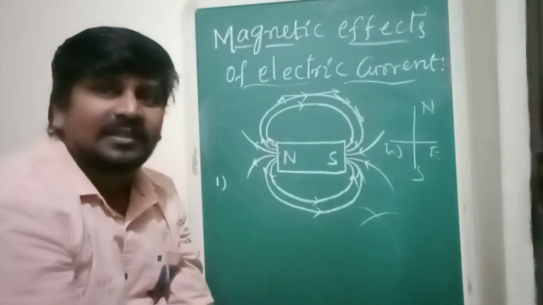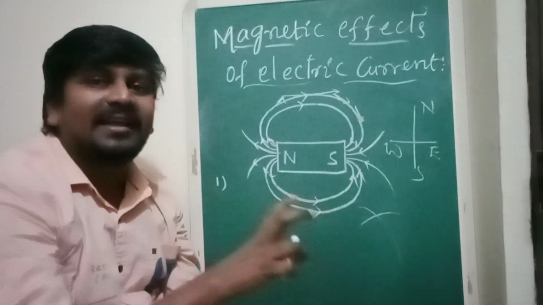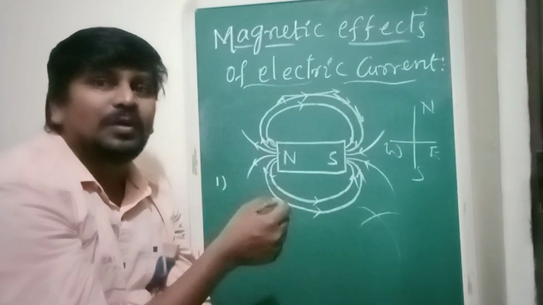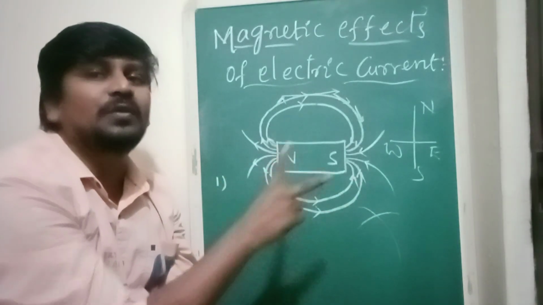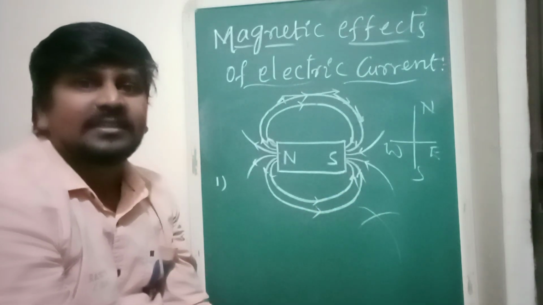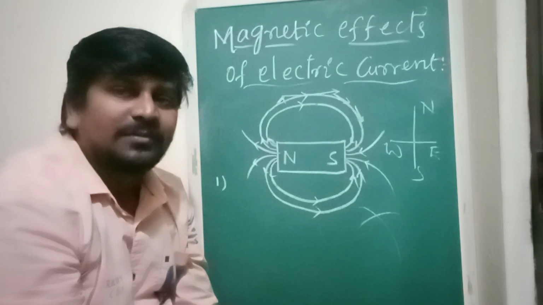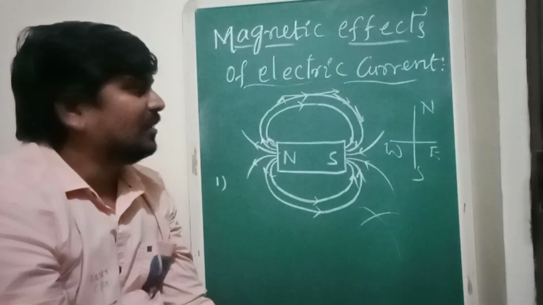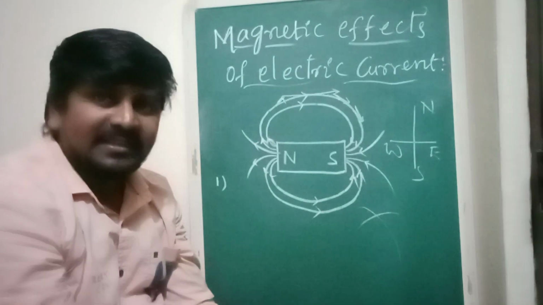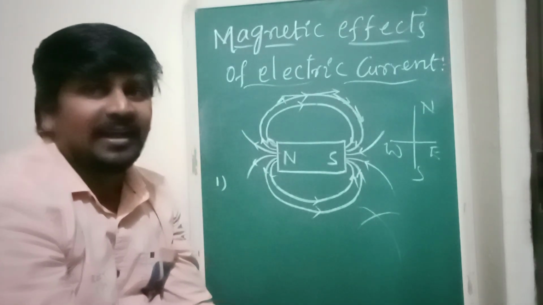Third point: these magnetic field lines never intersect. If they intersect, the compass should show two directions at the point of intersection, which is not possible. Clear? So this is about the magnetic field and the properties of magnetic field lines.